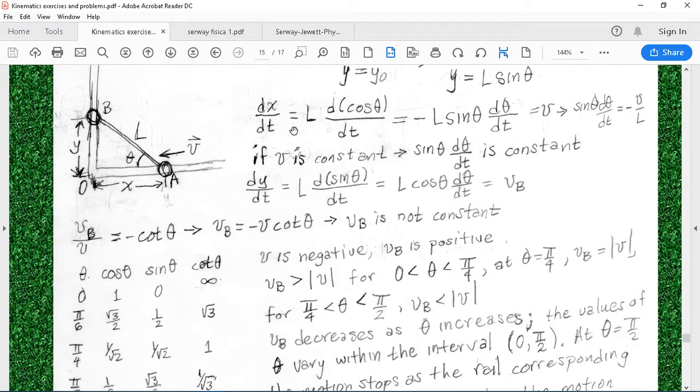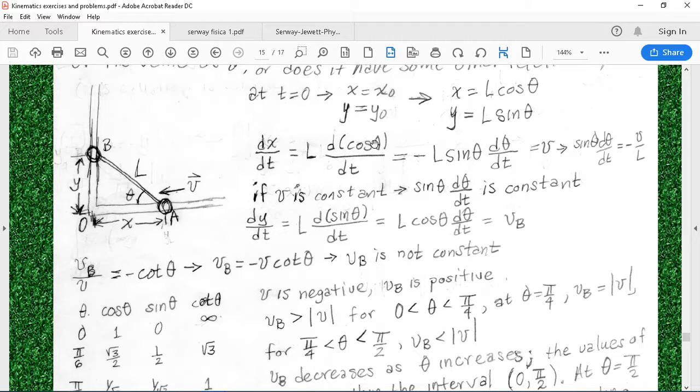You have that dx/dt equals L times the derivative of cosine of theta with respect to t, that is equal to minus L sine theta d theta/dt, that is equal to v. So sine theta d theta/dt equals minus v over L. If v is constant, then sine theta d theta/dt is constant.